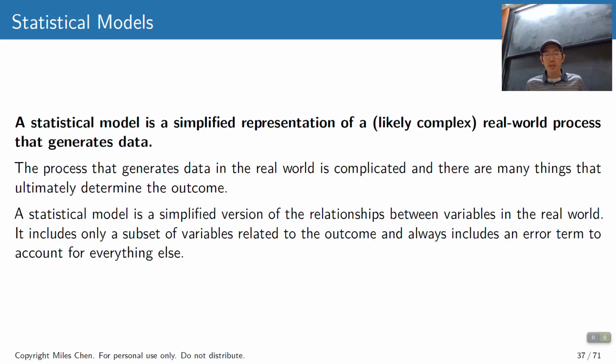But the ultimate process is complicated, and we're just looking for some way to simplify this. So a statistical model is a simplified version of relationships between variables in the real world. It includes only a subset of variables that are related to the outcome, and they're always going to include some kind of error term to account for everything else.